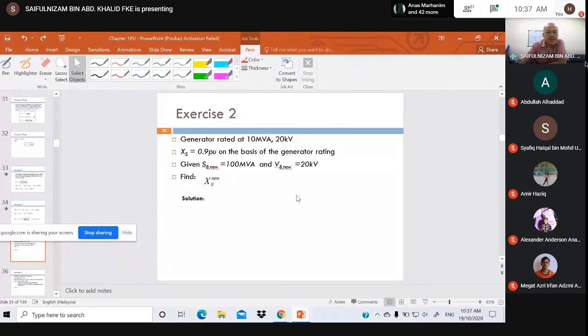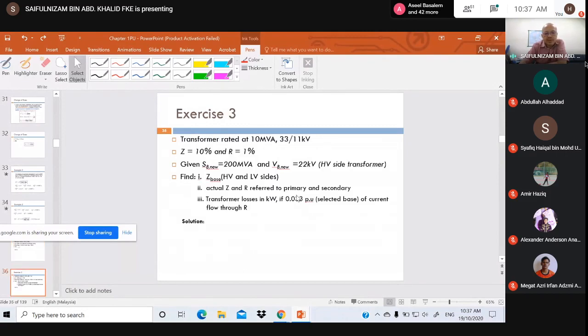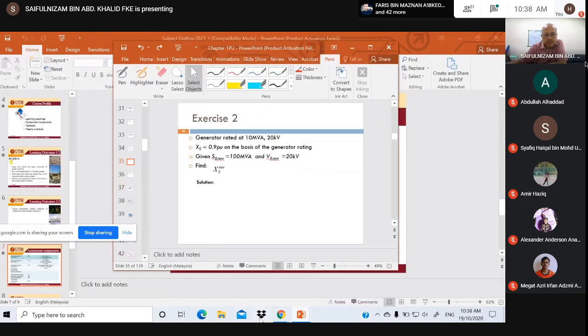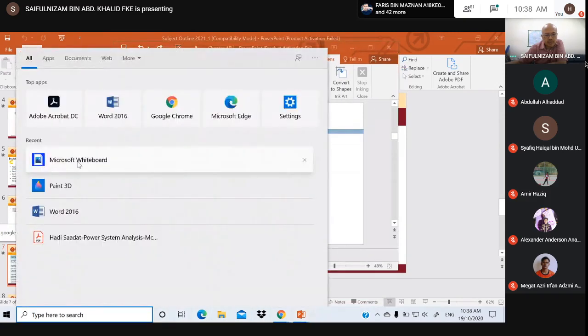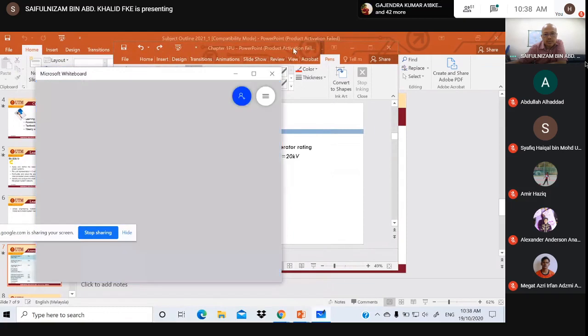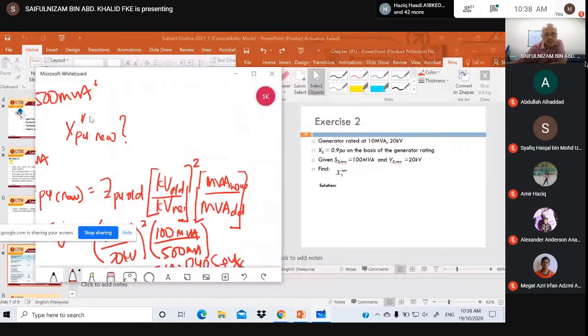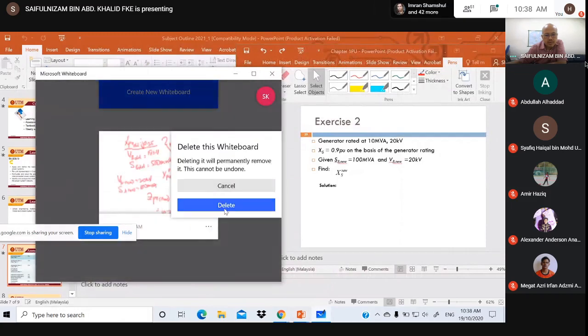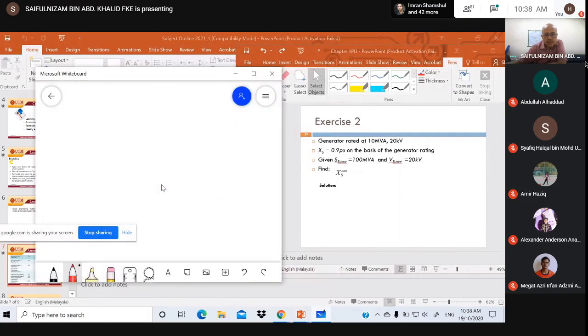So let's proceed with another example. Maybe this is the last example before we stop, right? Okay. Exercise 2. Find the X new.